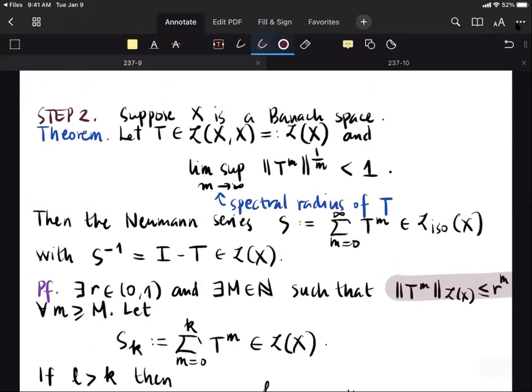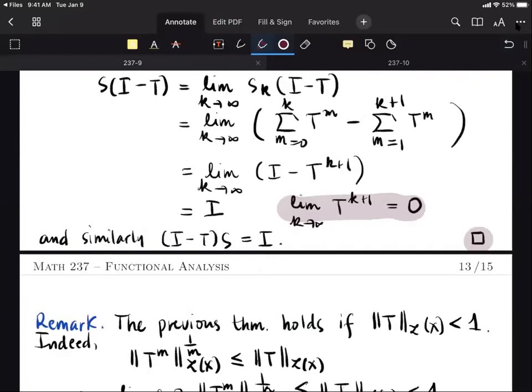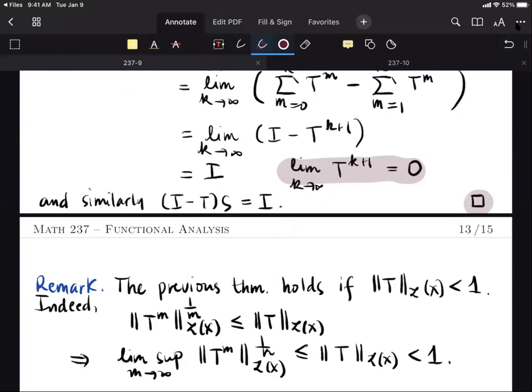According to this theorem, if the spectral radius is less than 1, I minus t is invertible. In fact, the inverse of I minus t is equal to S. According to this remark, if the norm of your operator is less than 1, then the spectral radius is less than 1.